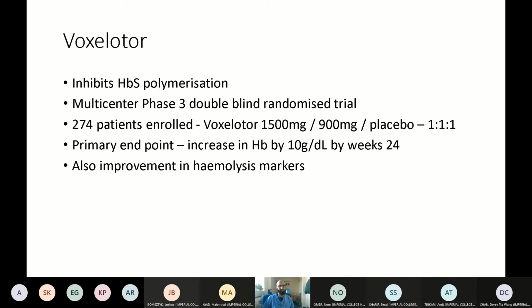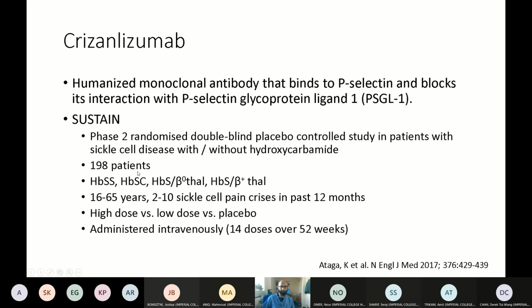As I've mentioned, this has been FDA approved in the US, and we're waiting for the regulators in the UK to undergo the approval before NICE will give an opinion on its use. But voxelotor is one of the most promising new drug treatments at the moment.